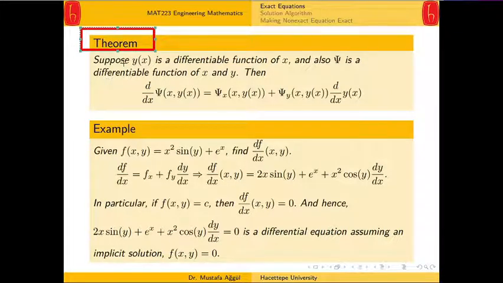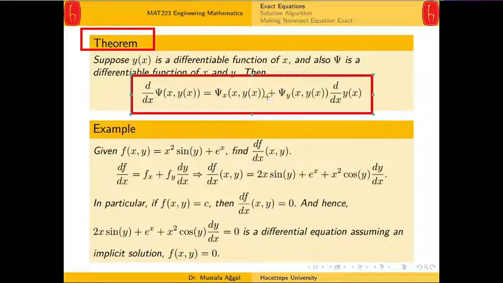Suppose y of x is a differentiable function of x, and also psi is a differentiable function of x and y. Then the x derivative of psi, which is a function of x and y, and y is a function of x, is given with this formula.